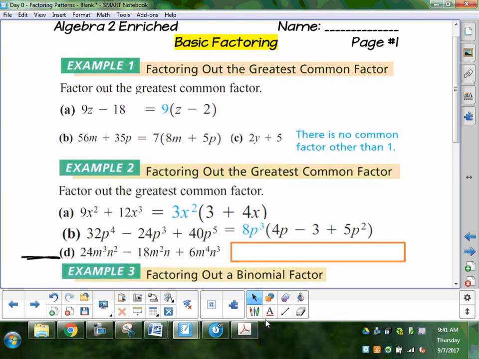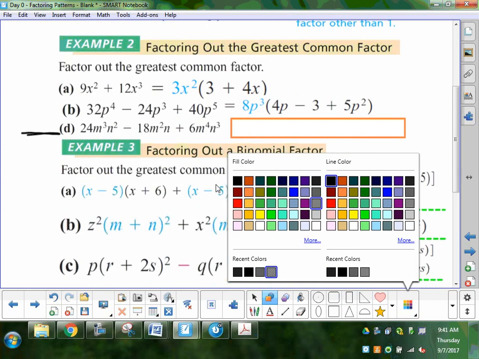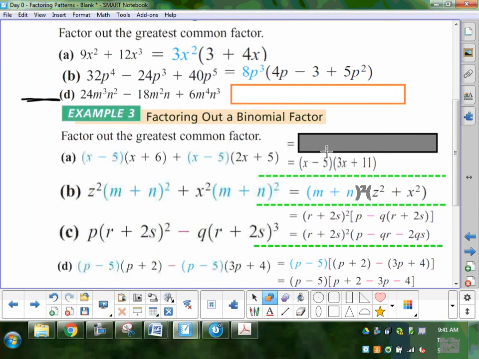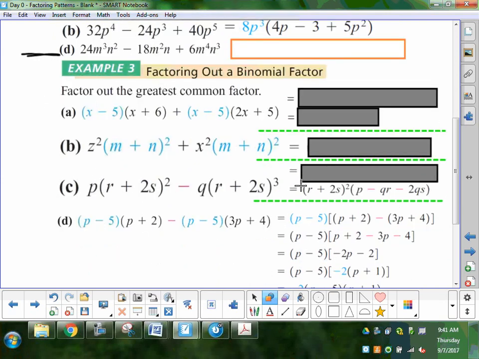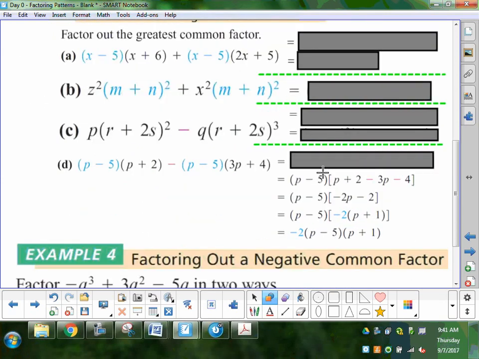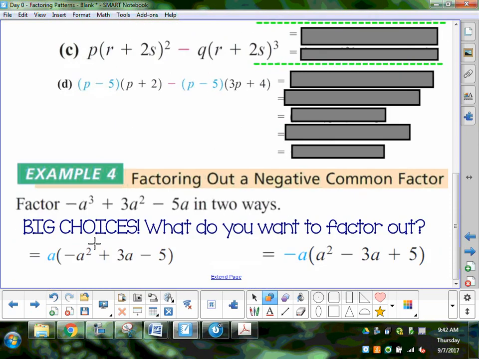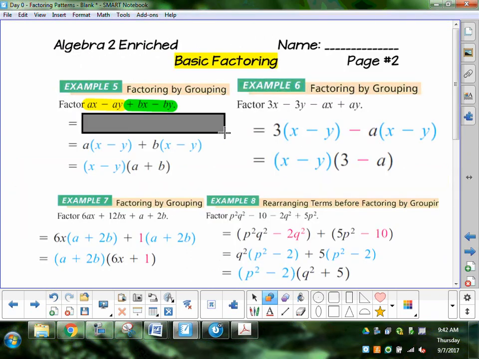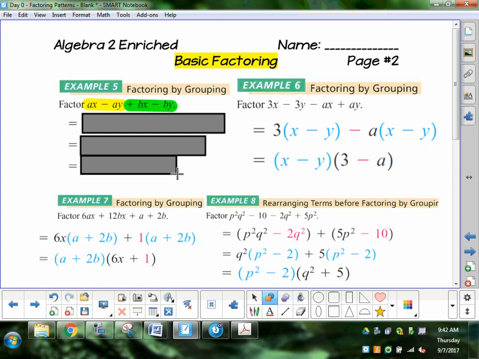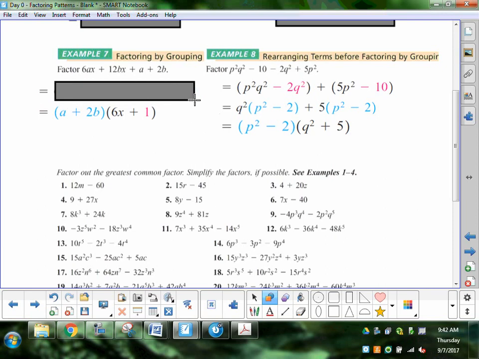Do that now, please, for 2D. Another minute.